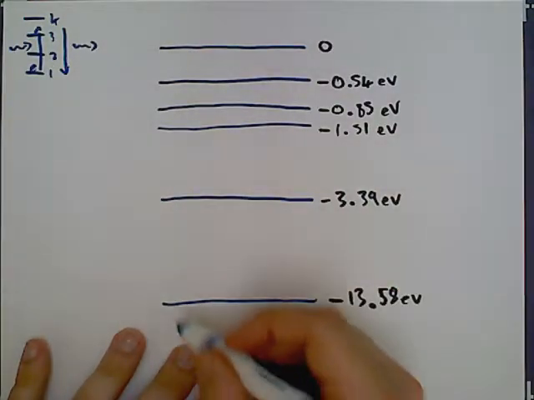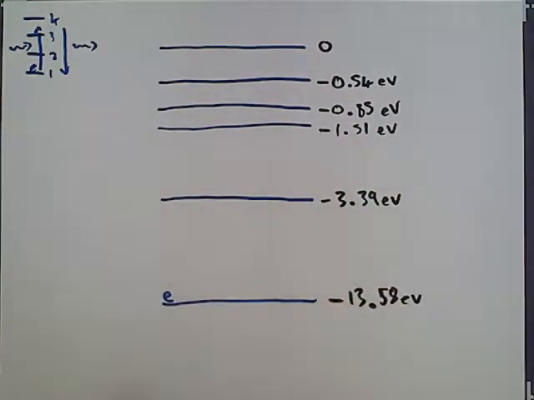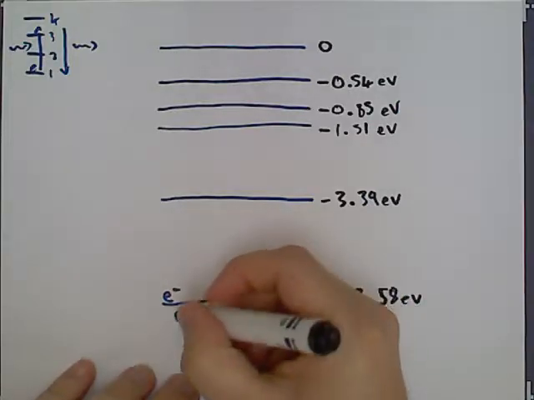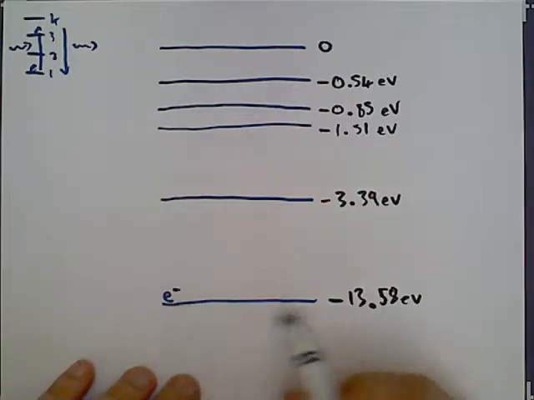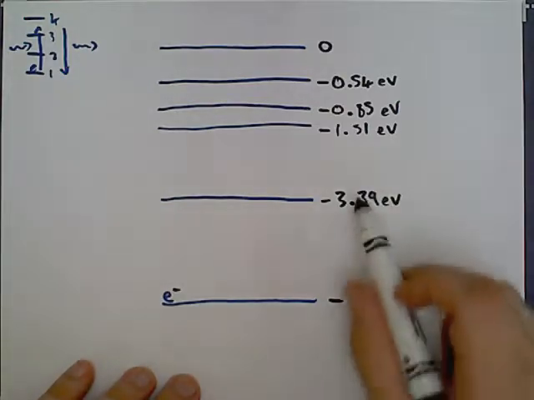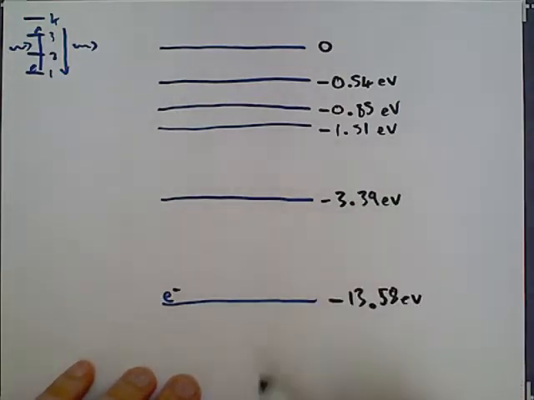If I have an electron that resides at this level right here, then what this is saying is that it needs to gain the difference in the two energy levels in order to get there. So this minus is what we call a potential.